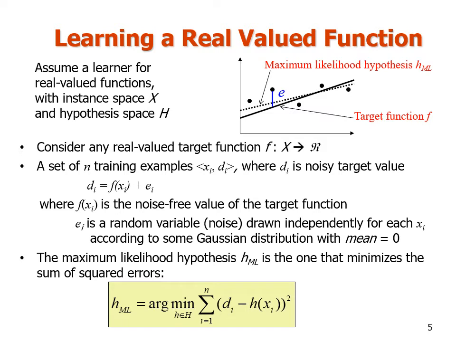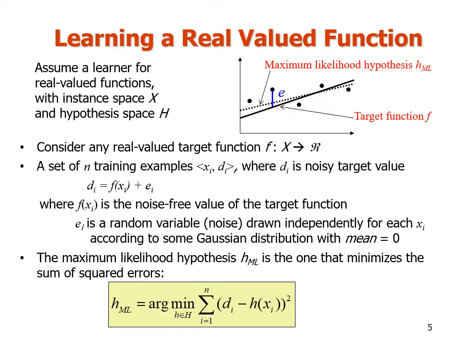So the essence is that Bayesian analysis is used here for a particular learning algorithm that outputs the MAP hypothesis, but it is not explicitly using Bayes rule or computing any probability explicitly. This is how we related the maximum likelihood hypothesis and the least squared error hypothesis.